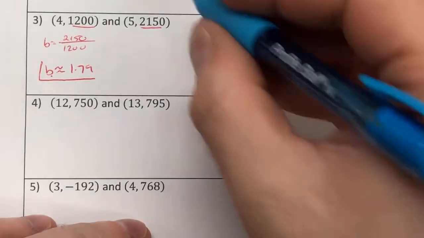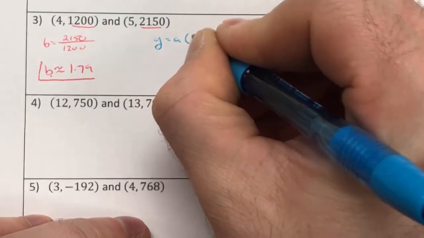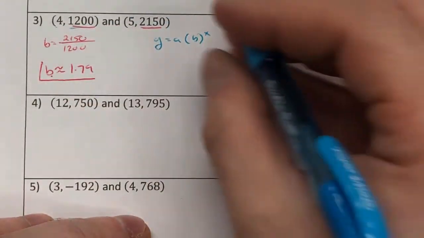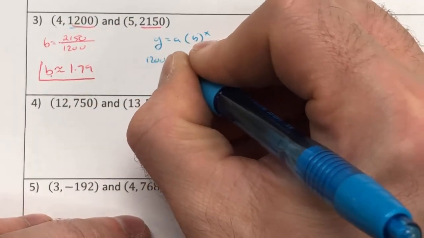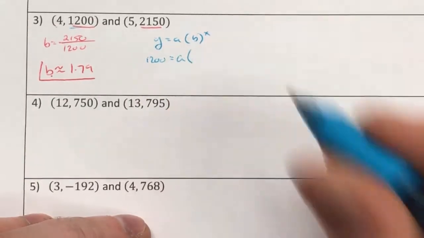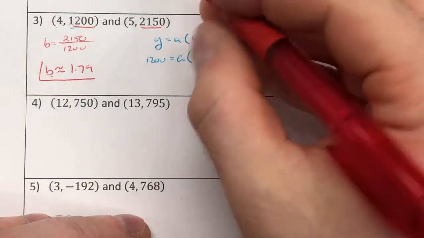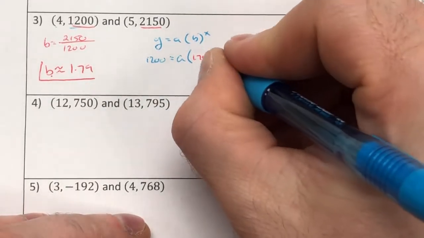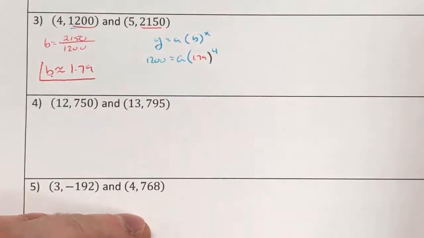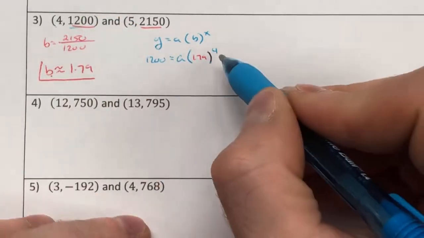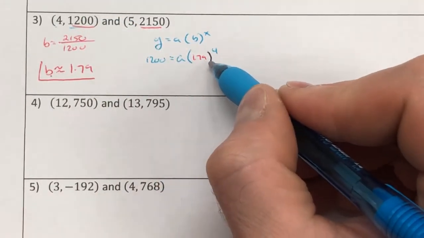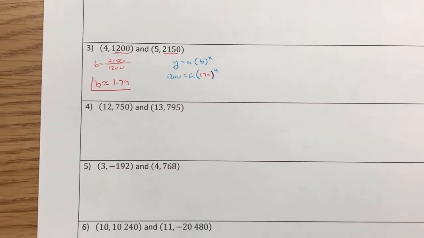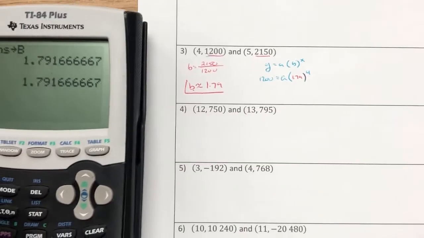I need to model this function, so I have y equals a times b to the power of x. I'm going to use the smaller x and y. So 1200 equals whatever a is times our b of 1.79 to the power of 4. I went ahead and used this first point to plug that in. Now, 1.79 to the 4th power, remember, we're trying to avoid any sort of rounding errors here.